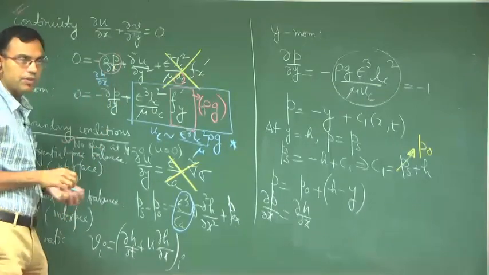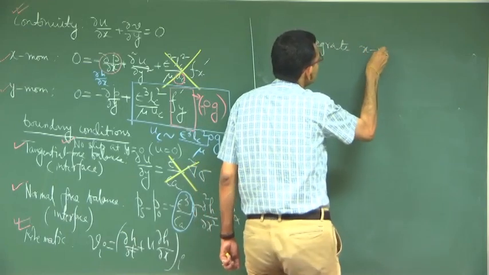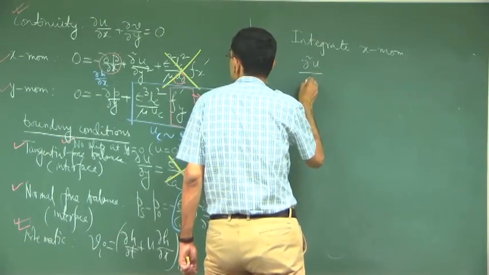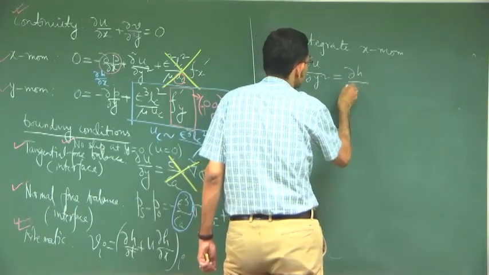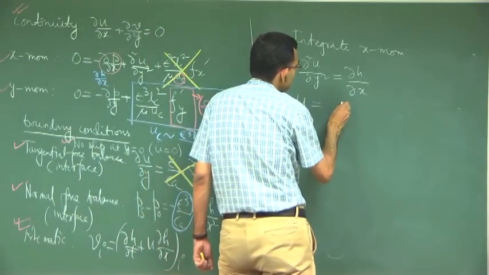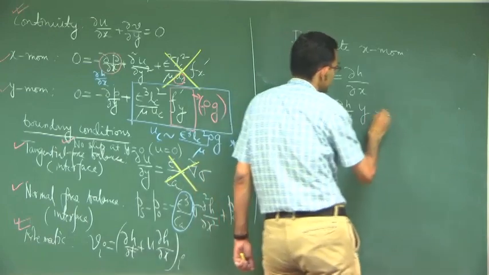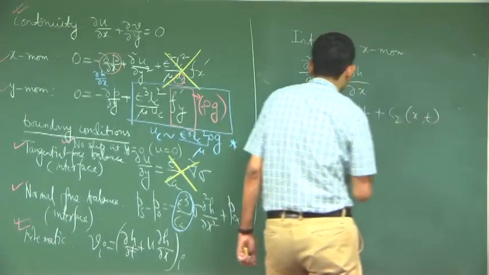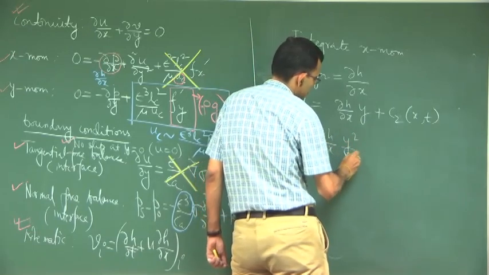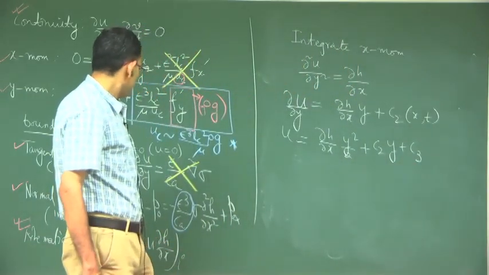So, now we have got this as del h del x, we will now integrate the x momentum equation twice. Just integrate twice, del u del y, we will do it in 2 steps. First boundary condition.